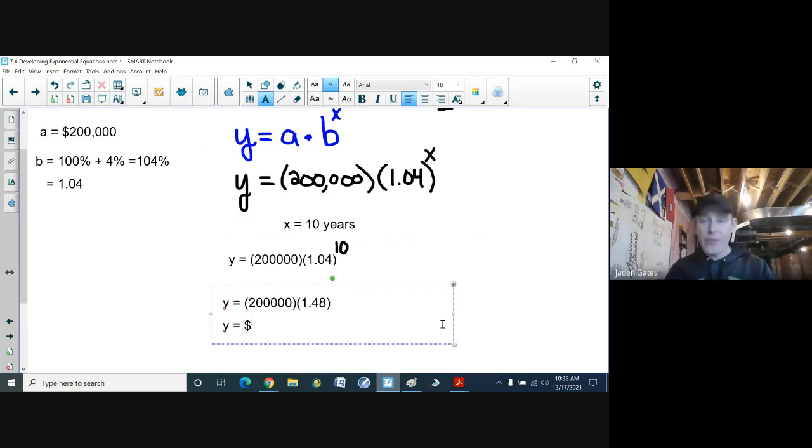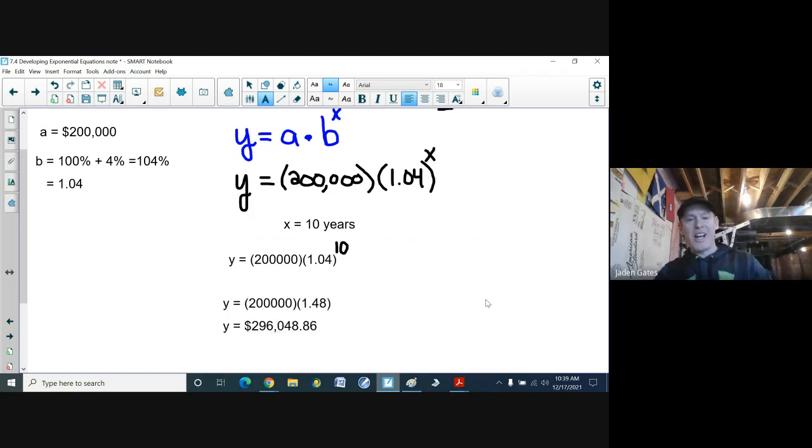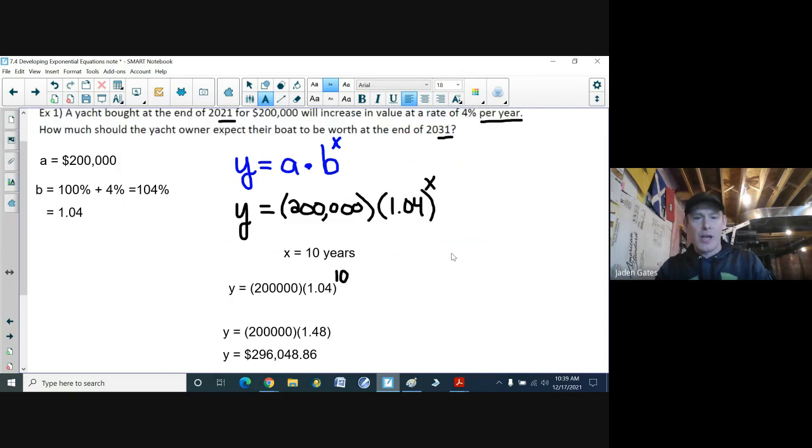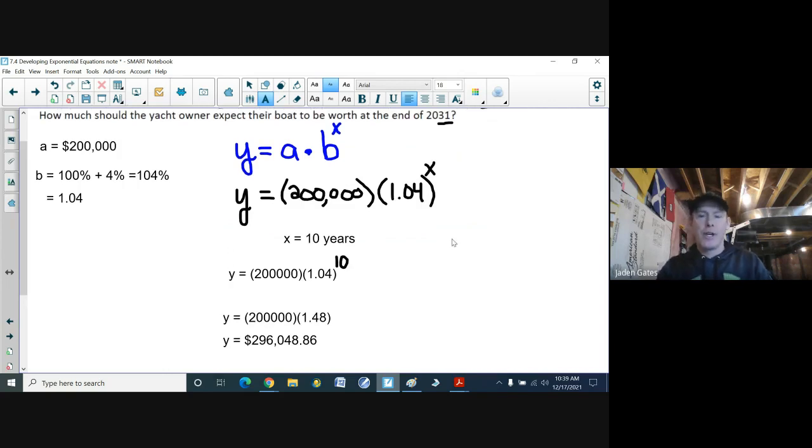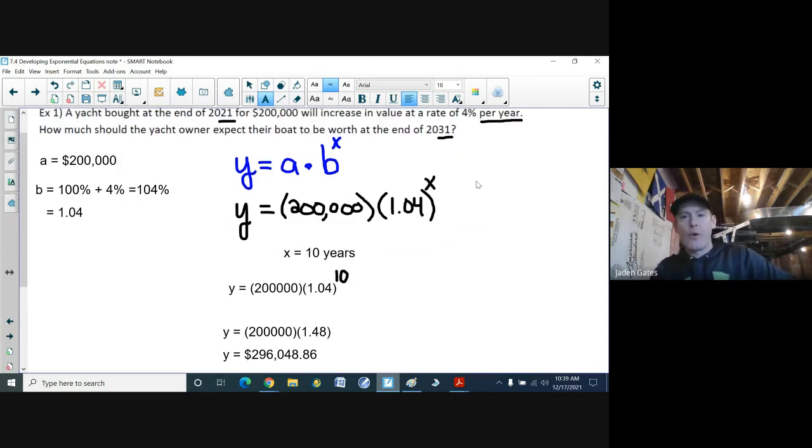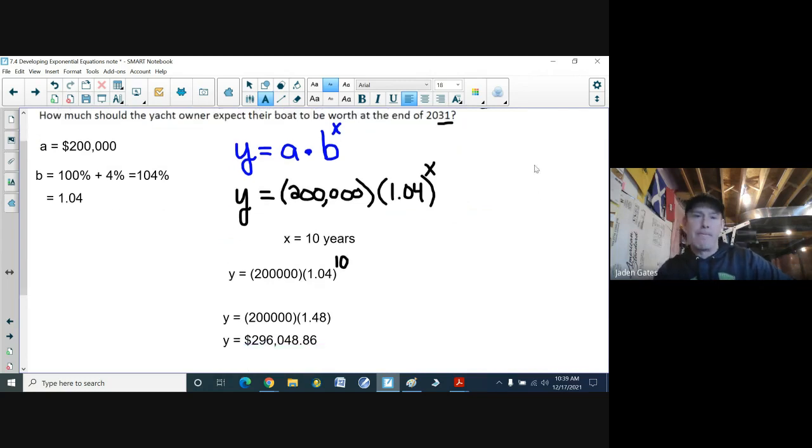I take my $200,000, multiply it by 1.48, and I end up with $296,048.86. That is how much the yacht would be expected to be worth after 10 years with a growth rate of 4% per year.